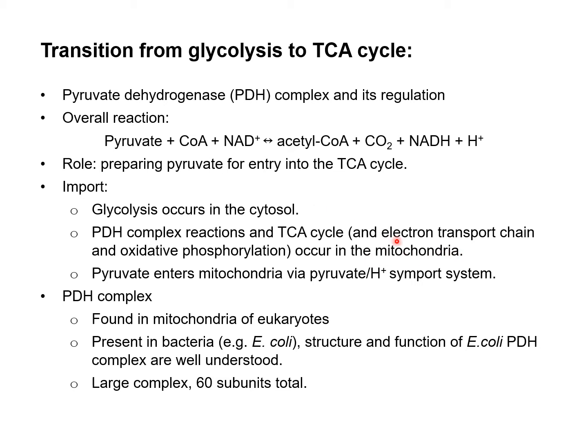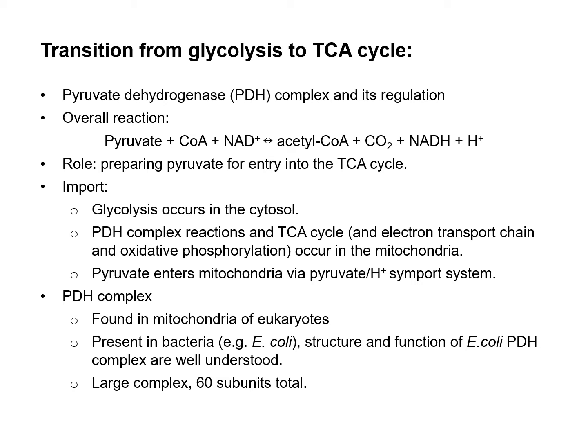So there's a difference in the subcellular localization of glycolysis and the TCA cycle. In order for pyruvate to get into the mitochondria, it uses the pyruvate H+, or hydrogen cation, import system.